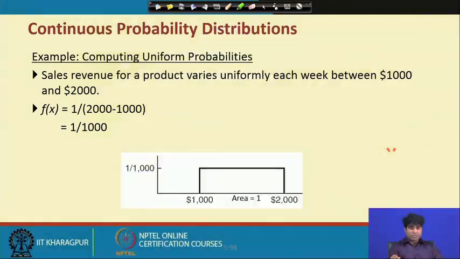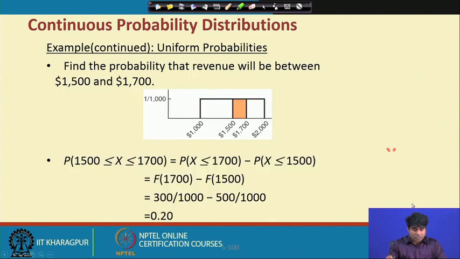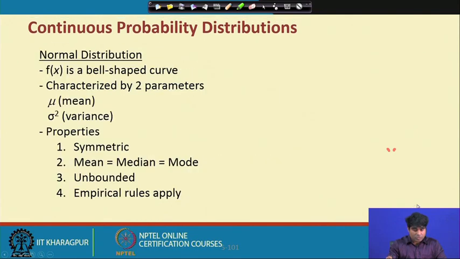Similarly, this is the classic example of the uniform distribution. This is the exact structure we will follow in the uniform distribution, and then I will take you to the examples.